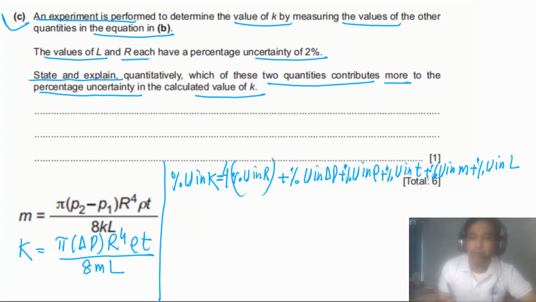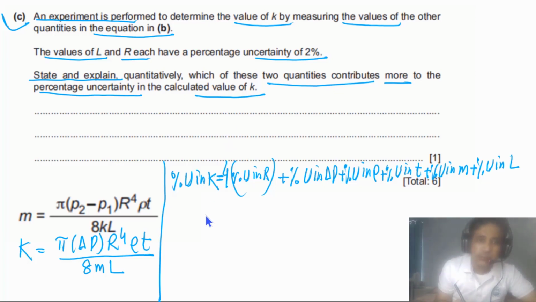So if we have these percentage uncertainties, we simply need to add all of them together when we need to calculate percentage uncertainty for a quantity like K, because the other quantities are divided and multiplied, so the percentage uncertainties have to be added.